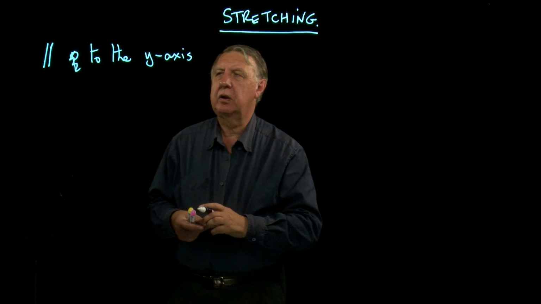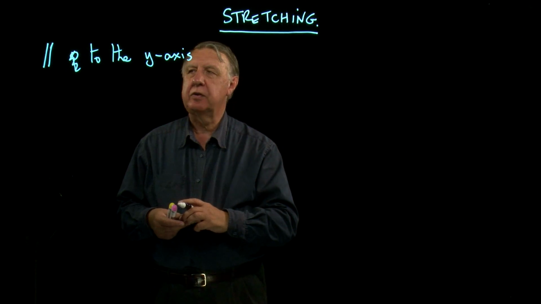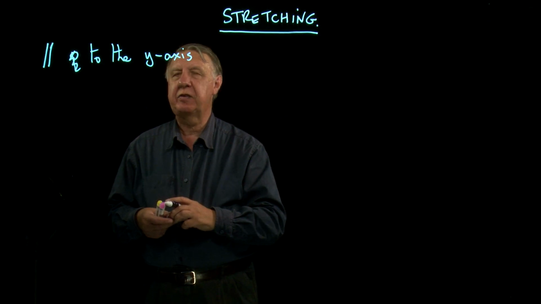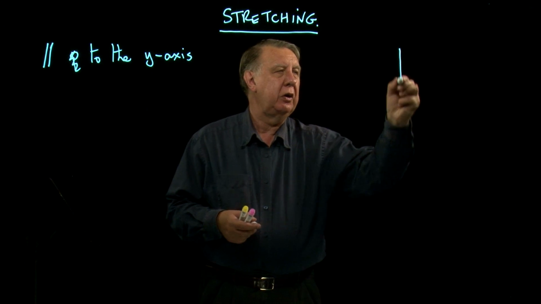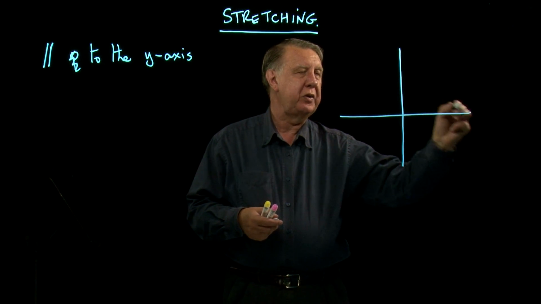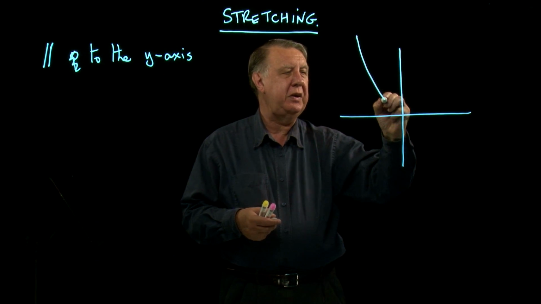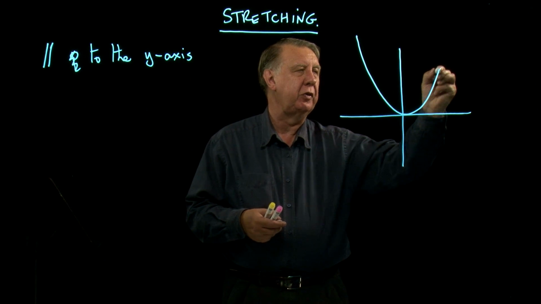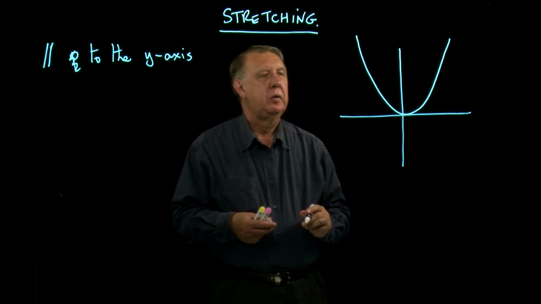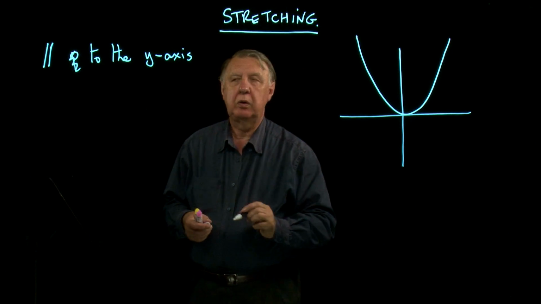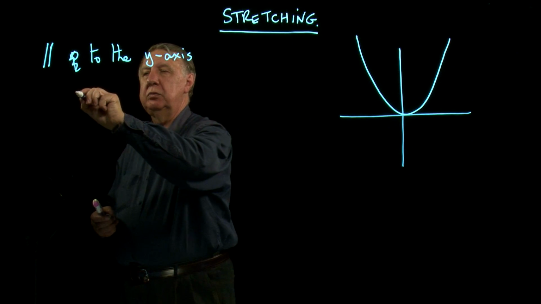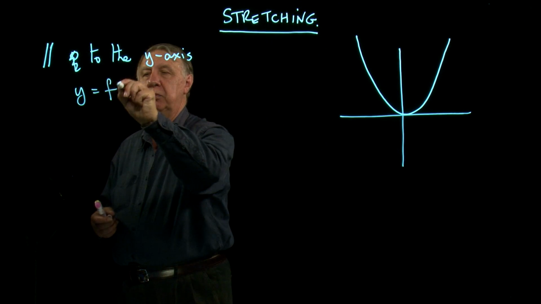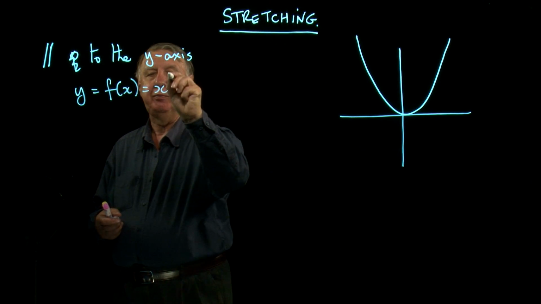Now, it's not easy to demonstrate this convincingly. You just have to think a little bit. We go to our old friend y equals x squared, but this doesn't turn out to be terribly useful. So we'll start with x squared.